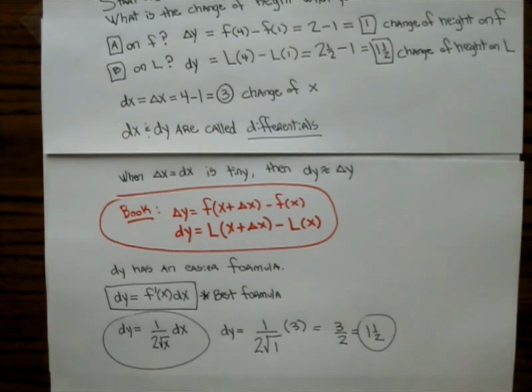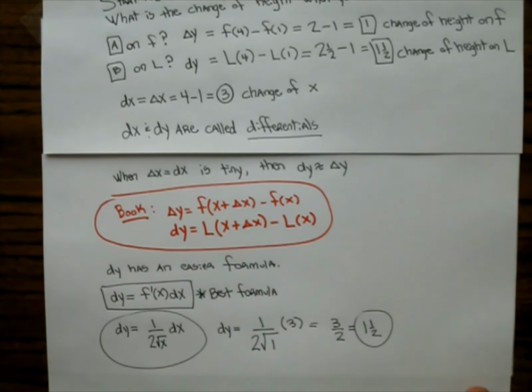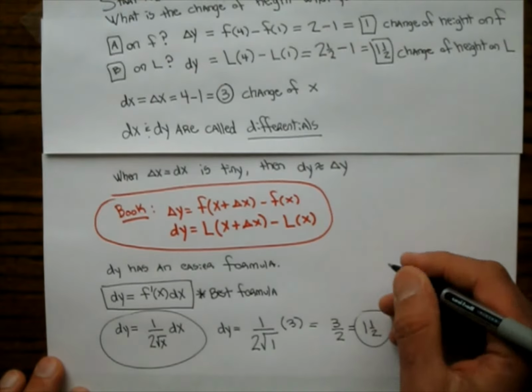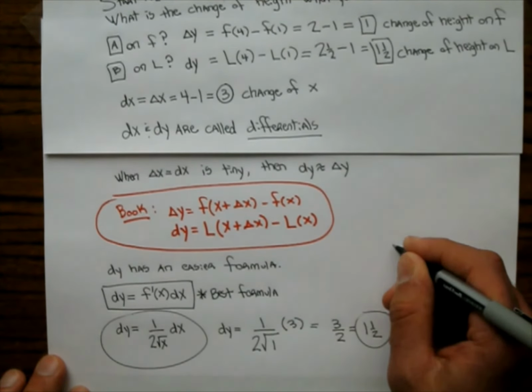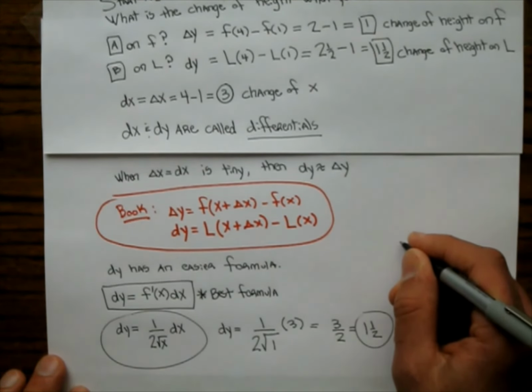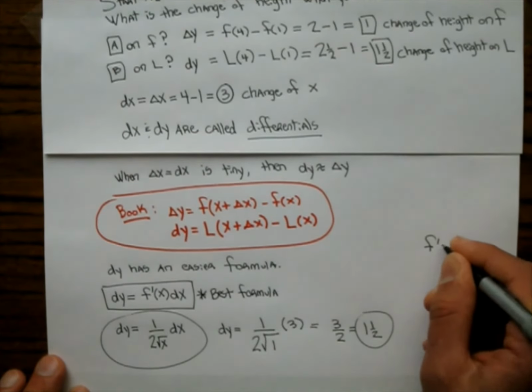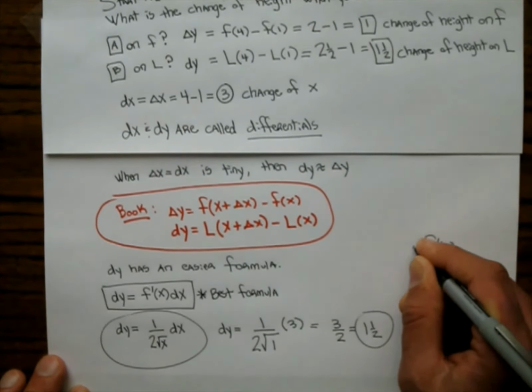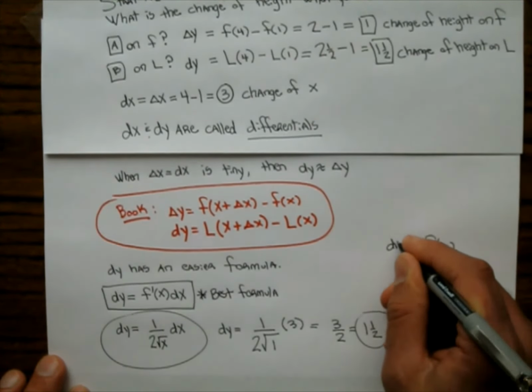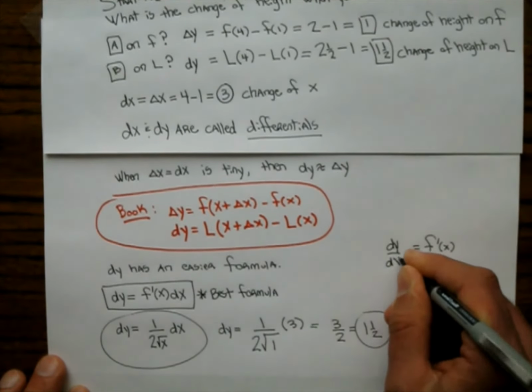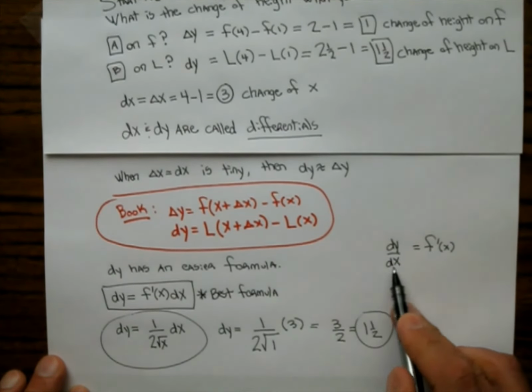Now, there is one other thing that we want to look at here. It is this. When we learned about derivatives, we said the derivative can be written f prime of x. And then we said that another notation was dy/dx. And lots of times we like to say, oh, do not treat that as a fraction.